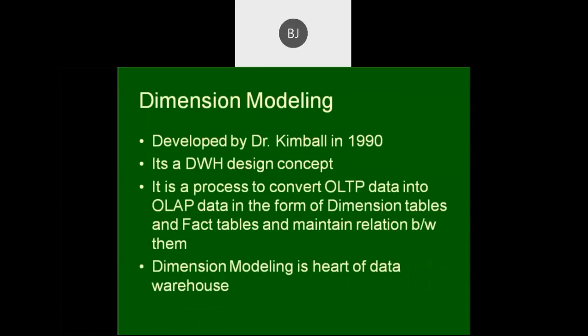One is dimensional data, which is nothing but string data, and the other is numerical data, which is called fact data, measure group data, or metrics data. Dimension tables are more, fact tables are less in number. Dimension tables are going to have less data. Fact tables are going to have a large amount of data. Clear? All these things we'll discuss one by one.